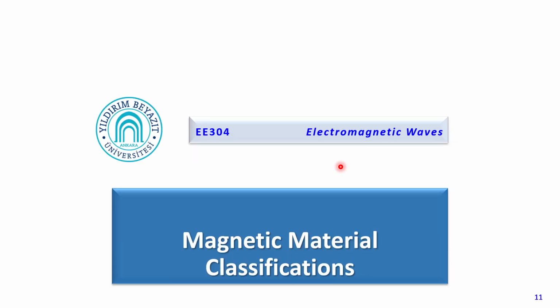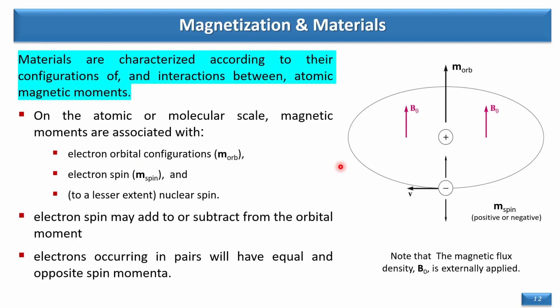So now we need to talk about the magnetic material classification. It's similar to what we do in electricity. We say that we have two main categories of materials, conducting material and insulating material. Later on, we introduce another material, which is the semiconductor. So from the electric properties perspective, we have three categories: conductors, insulators, and semiconductors.